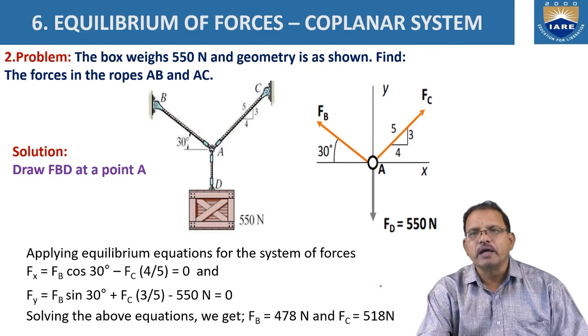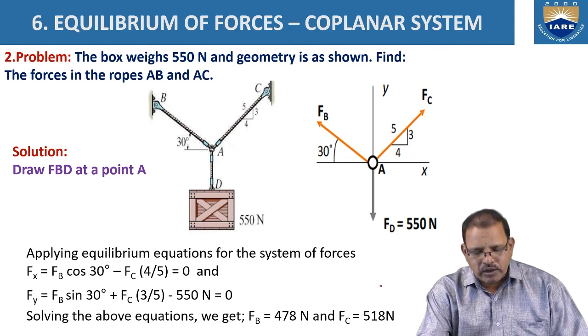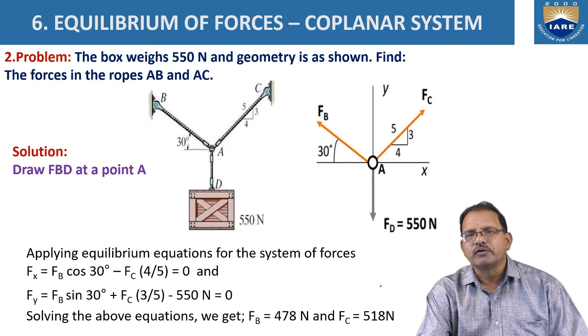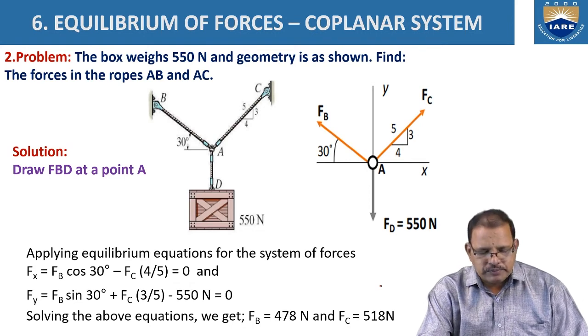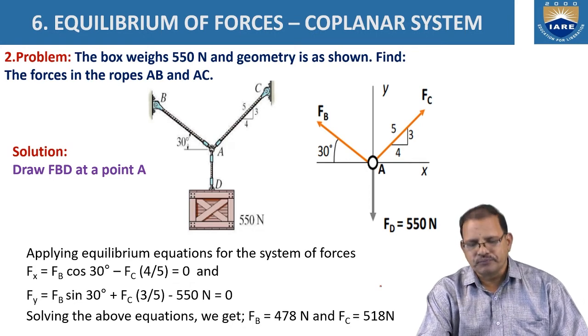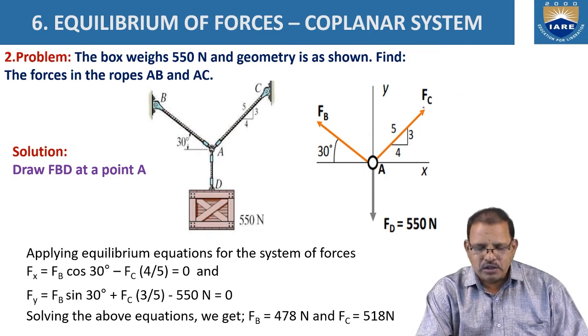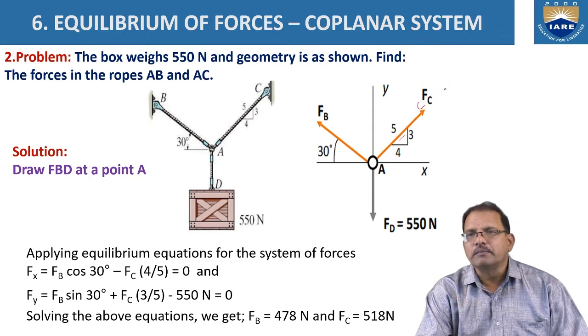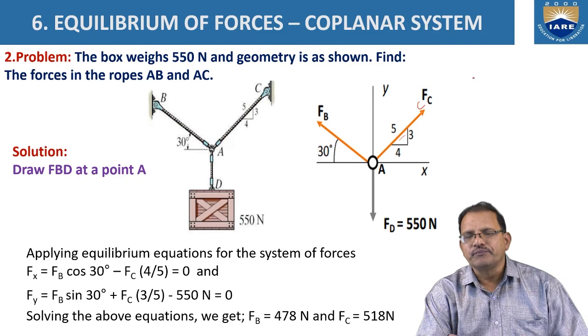First, draw the free body diagram, with O as the reference point we have taken. The important point here is to locate the tension within the rope. With respect to A, the tension in rope AC acts along the rope and away from A, so it is represented as F_C away from it.